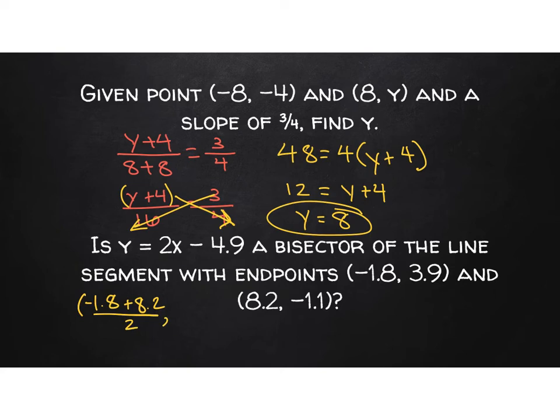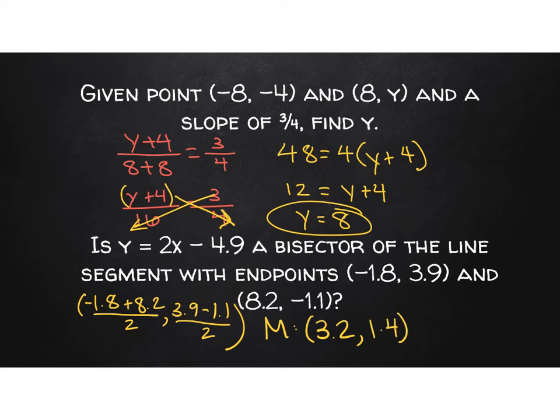Add my two y's: 3.9 minus 1.1 over 2. Clean that up to find the midpoint. -1.8 plus 8.2 is 6.4 divided by 2. My midpoint is at 3.2 for my x coordinate. 3.9 minus 1.1 divided by 2, I'm at 1.4.